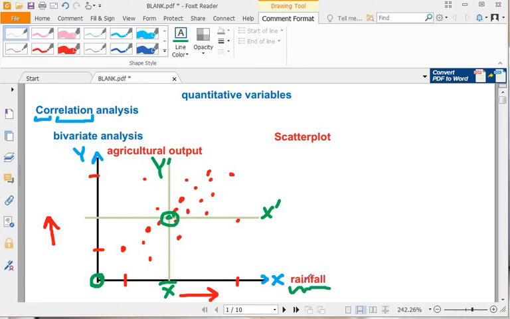That is the average annual rainfall for the past 50 years of India, among the data that you have collected. Similarly, you find out the average agricultural output for India for the past 50 years from the data that you have collected, and you get some y bar. So there was an agricultural output like this, like this, like this, and you take the average of all of these values and you find a y bar.